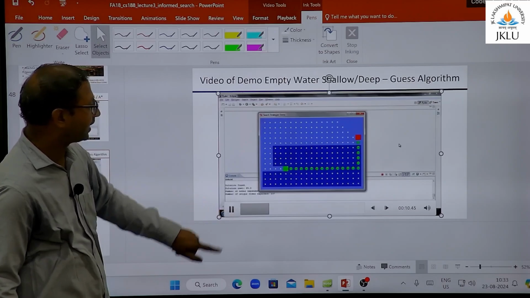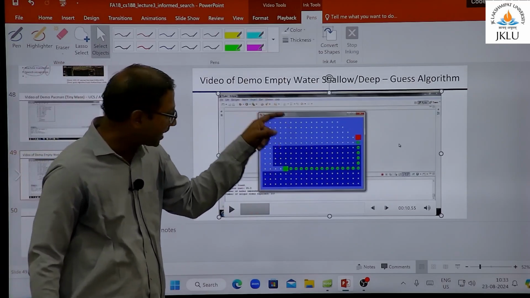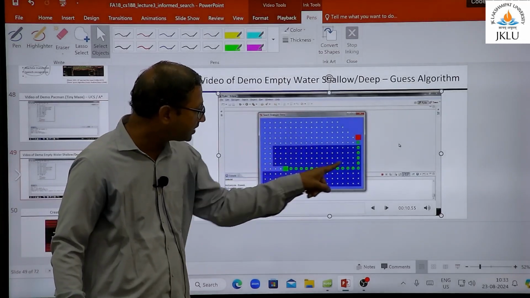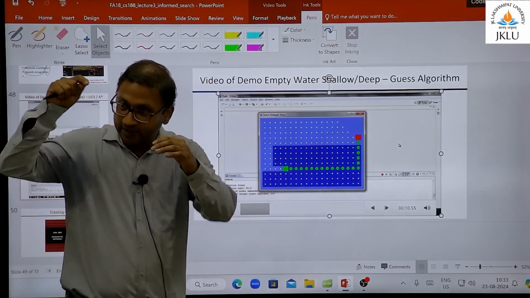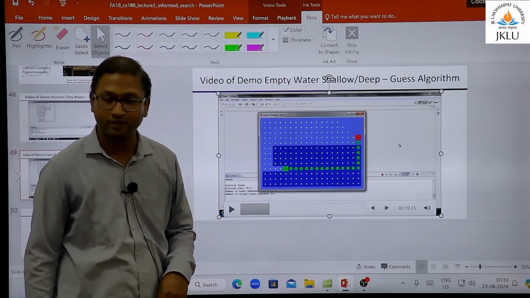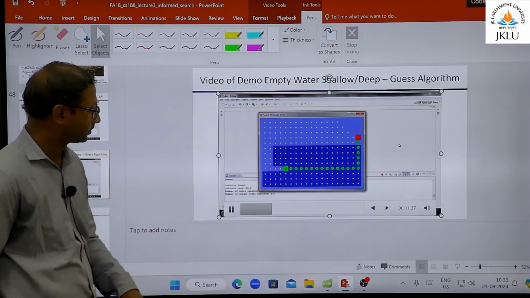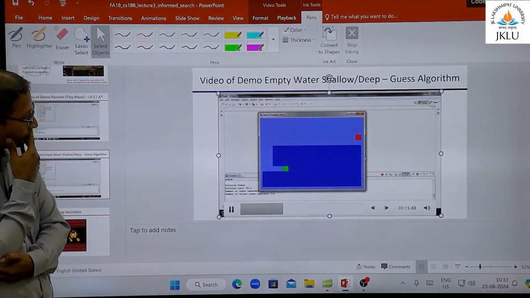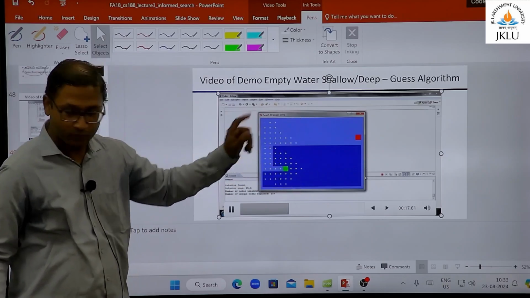BFS, right? Because shallow waters and deep waters are the same. It is not differentiating between the cost. Whichever is the shallowest path, you are taking that. Okay? So this has higher cost compared to this one.